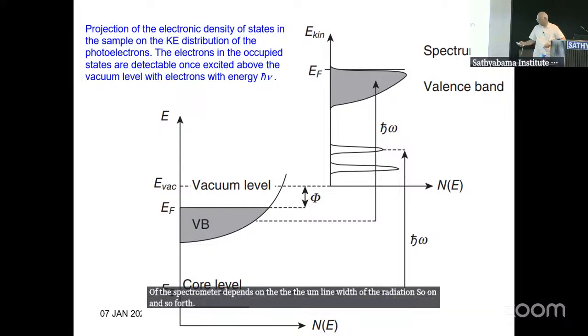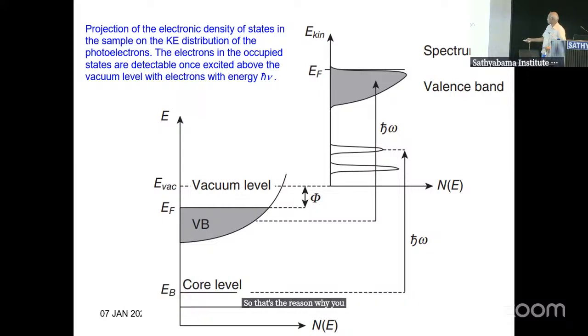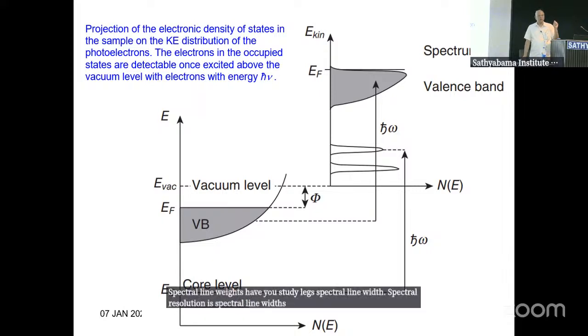So that's the reason why you get this. You are also familiar with spectral line widths. Have you studied spectral line widths, spectral resolution? Some of you, if you want to know, read the Banwell textbook, Fundamentals of Molecular Spectroscopy. Read that book. Okay.